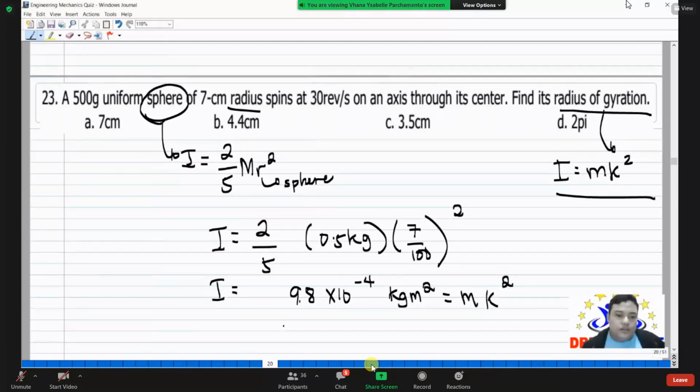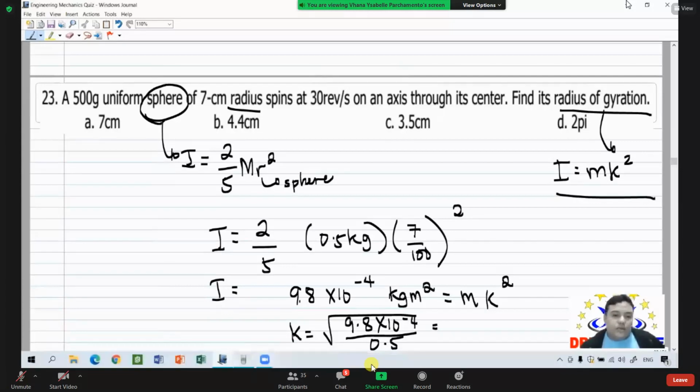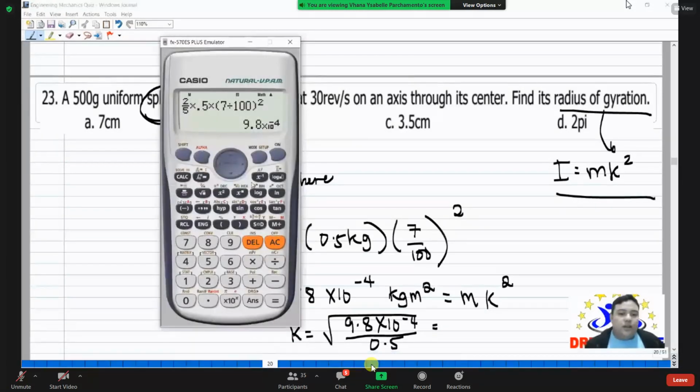So divide natin yung mass. So K now is the square root of yung 9.8 times 10 raised to negative 4 all over yung mass na 0.5. So makakancel yung kilogram, matitira is a unit of distance or the length. So that is square root of the answer divided by 0.5.